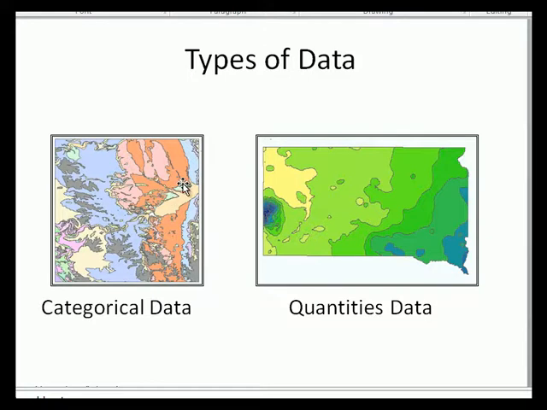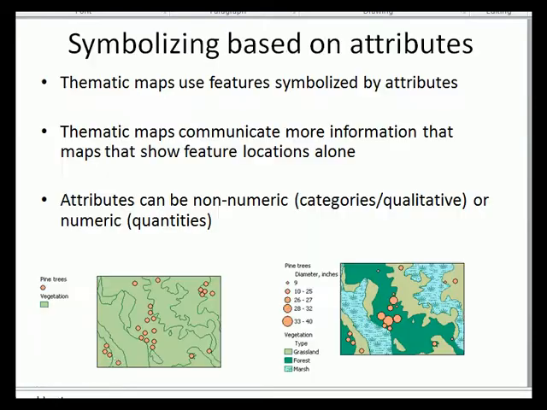Quantitative data is numeric data. Things like population, amounts of rain, stuff like that. So whether you're symbolizing categorical data or quantitative data, you have different symbology techniques that you use, and you change different properties of the symbols depending on which type of data you're symbolizing.